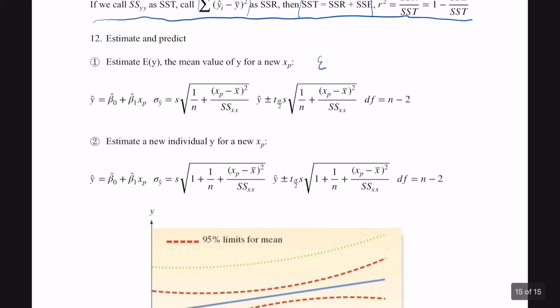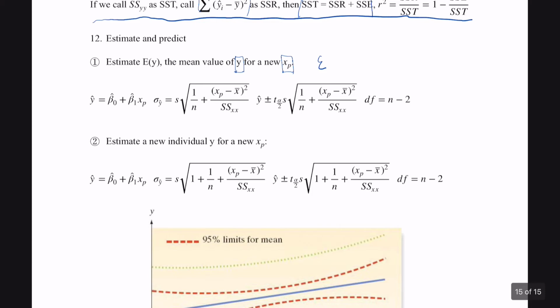If you remember, let's just say we have a new x value, and we want to find the corresponding y. There are two types of corresponding y we can get from this x value. The first one is the mean value of y, which means the estimated value of y, the expected value of y.